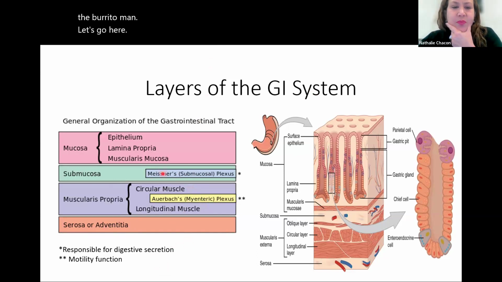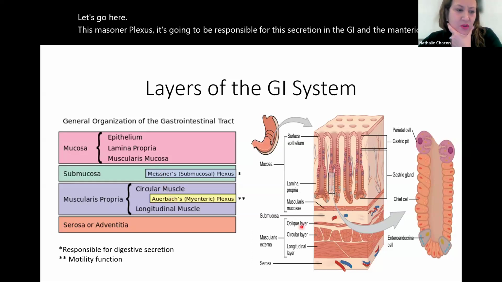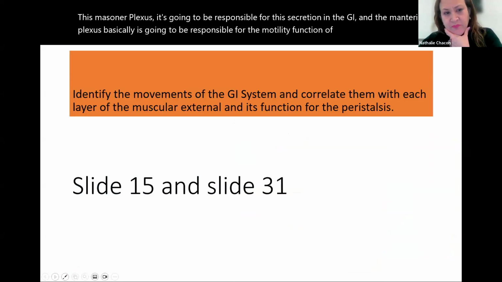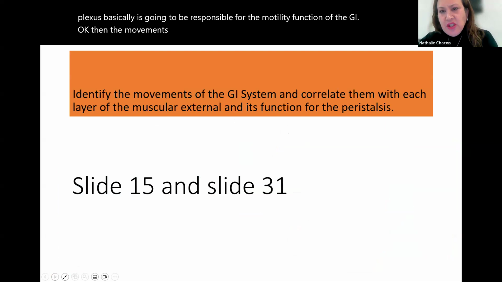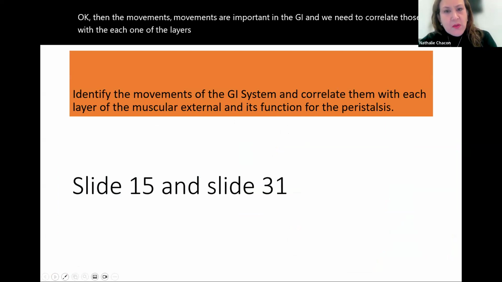This Meissner plexus is going to be responsible for secretion in the GI, and the myenteric plexus is basically responsible for the motility function of the GI. Movements are important in the GI, and we need to correlate those with each one of the layers of the muscles.